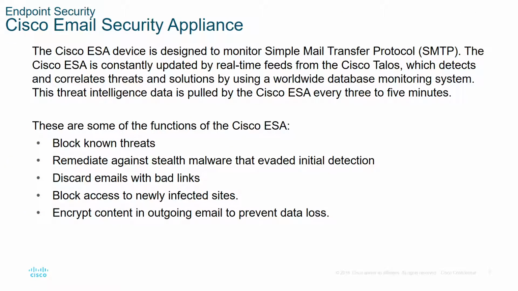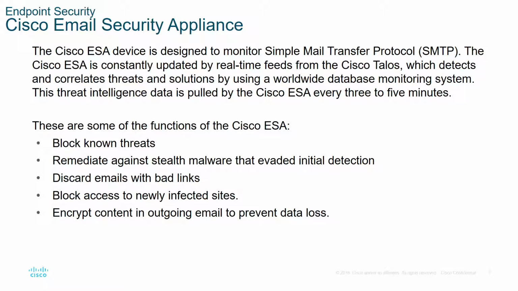Cisco Email Security Appliance. The Cisco ESA device is designed to monitor Simple Mail Transfer Protocol, SMTP. The Cisco ESA is consistently updated by real-time feeds from the Cisco Talos, which detects and correlates threats and solutions by using a worldwide database monitoring system.